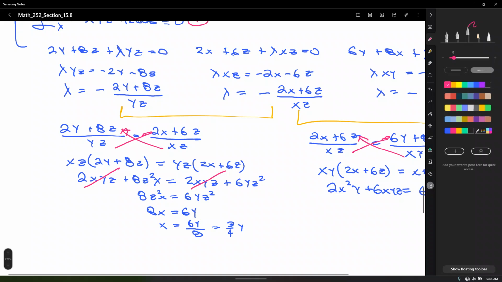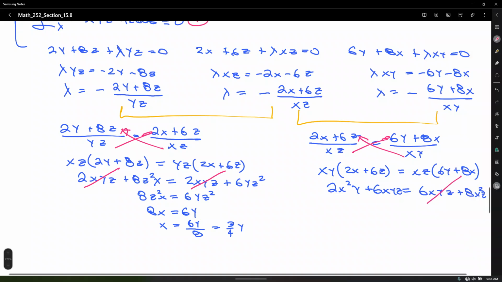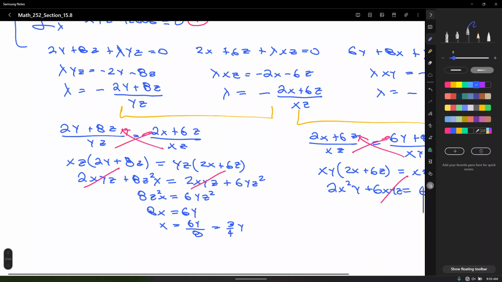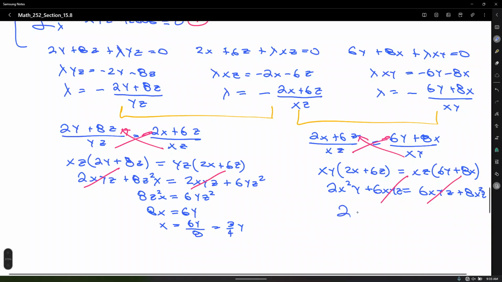And again, see how 6xyz goes away, 6xyz goes away, okay? So 2x squared y equals 8x squared z.